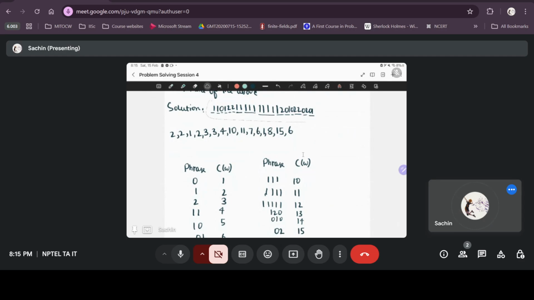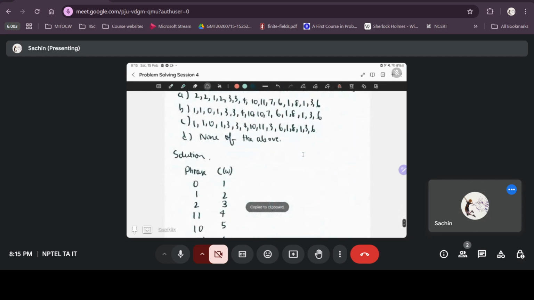Let me copy the sequence. So up to this point, same as Q7 up to this point.